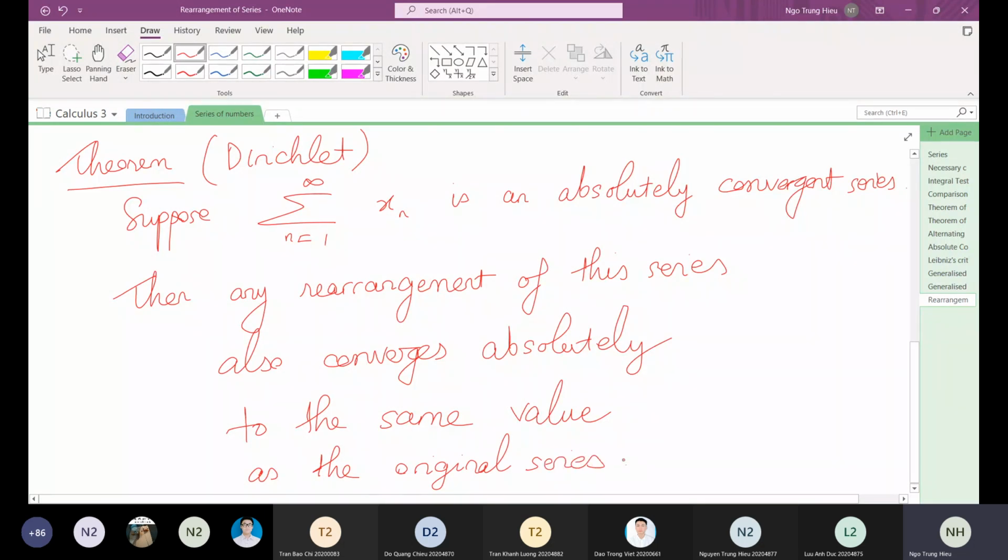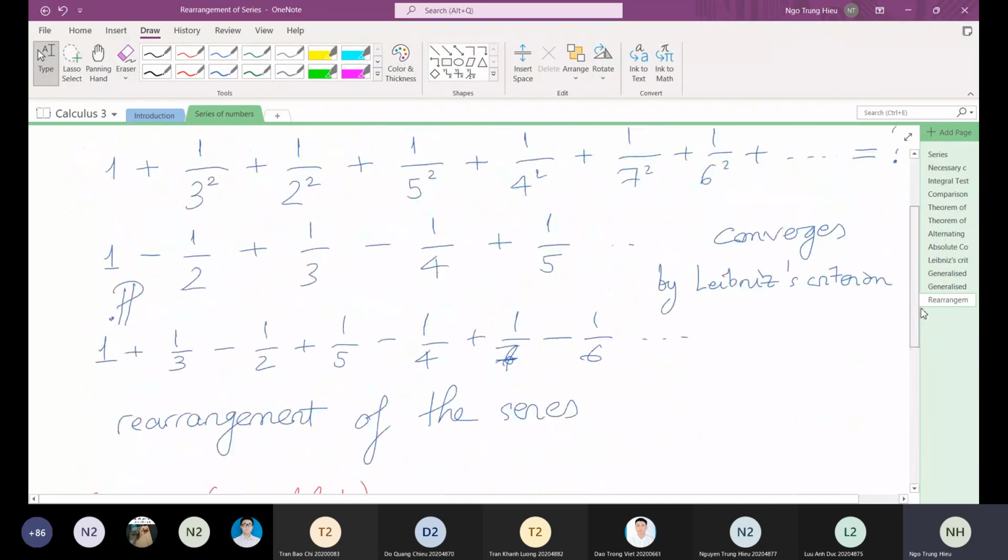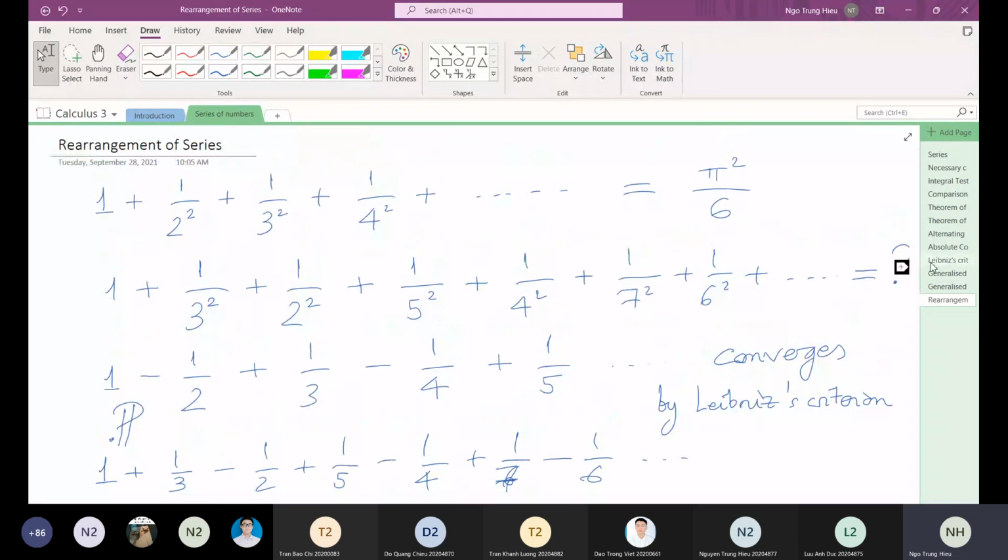So you see that Dirichlet theorem is a very interesting theorem. For our first question, this is actually also equal to pi squared over 6 by Dirichlet theorem. So this is called the rearrangement of series.